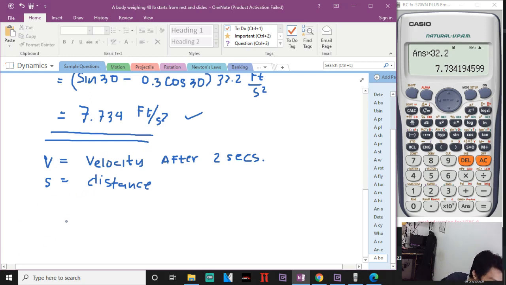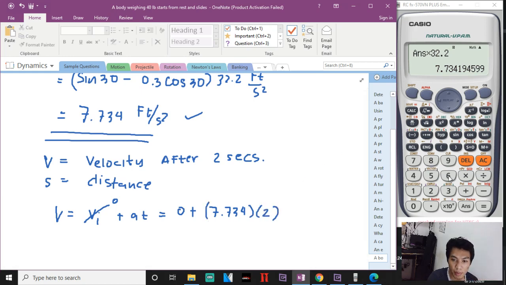Okay, hanapin natin si final velocity muna after 2 seconds. So, nag-starting from rest, so V equals VI plus AT. Ito, 2 seconds to eh. Okay? So, VI, wala ka nito, that is 0. So, V is, hanapin natin, AT. So, 0 plus A, 7.734 times 2.